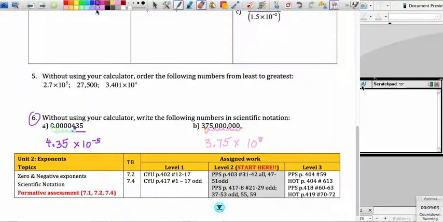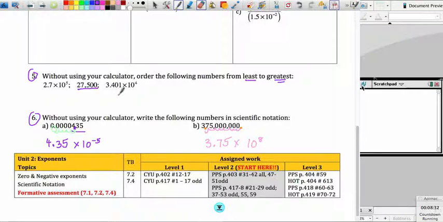And as we back up to example 5, I'll just show a small extension or application of this. What we've been asked to do without the calculator again is to place these numbers in order from smallest to largest. The first thing that I want to do is either convert all of them to scientific notation or all of them to what is known as standard form. We can do either of those.